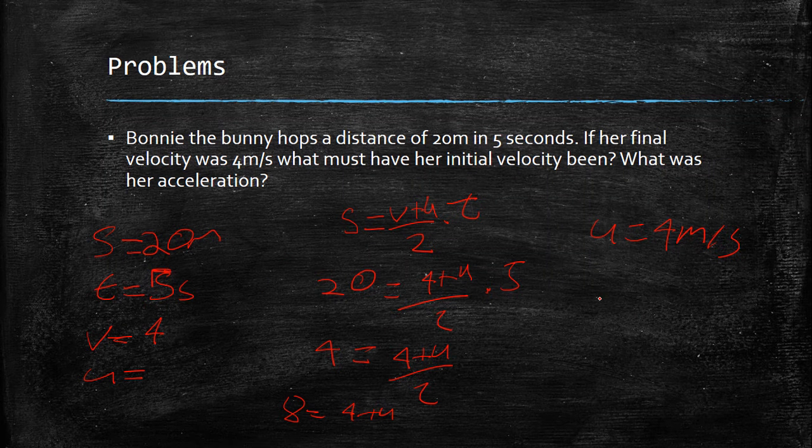So just conceptually, you can know that her acceleration was 0 meters per second squared. Go ahead, if you want to double check, see if you can find the kinematic equation required to find A and see if you get 0 meters per second squared.